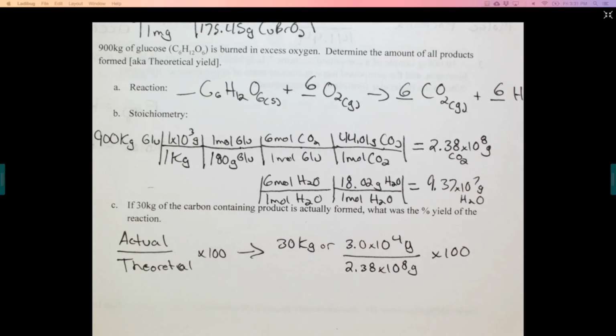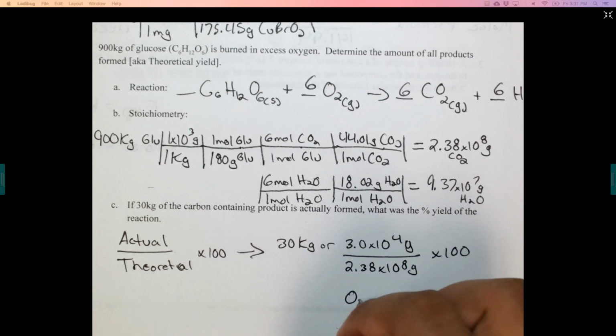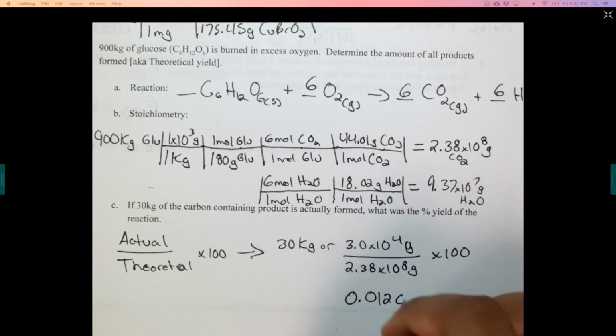And if we do the math on that, we see that we've actually only had a percent yield of 0.01%, right, which is extremely terrible. This is an extremely inefficient process, whatever we are doing for this particular combustion reaction.